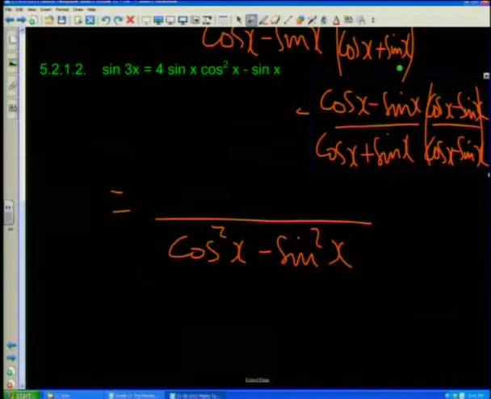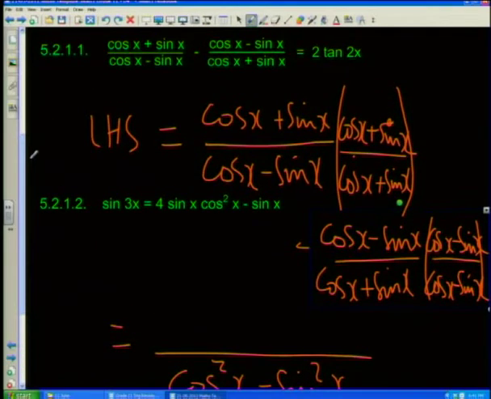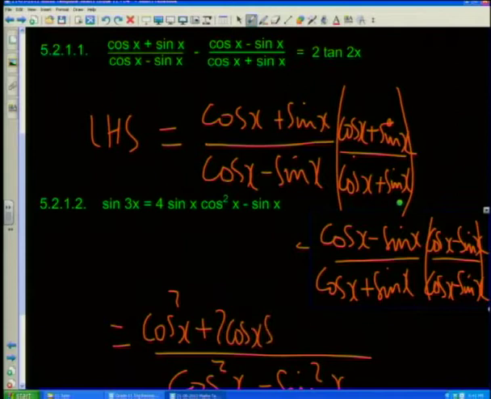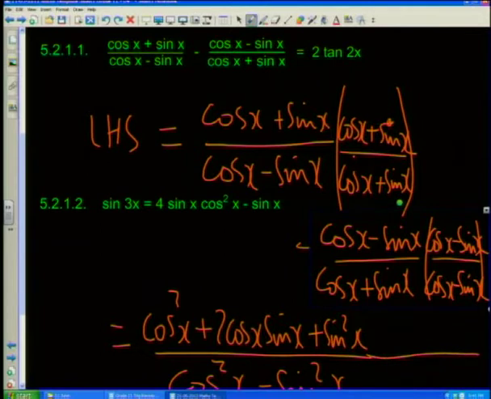At the top, now what I have is cos squared x plus 2 cos x sine x plus sine squared x. And this is a long line.